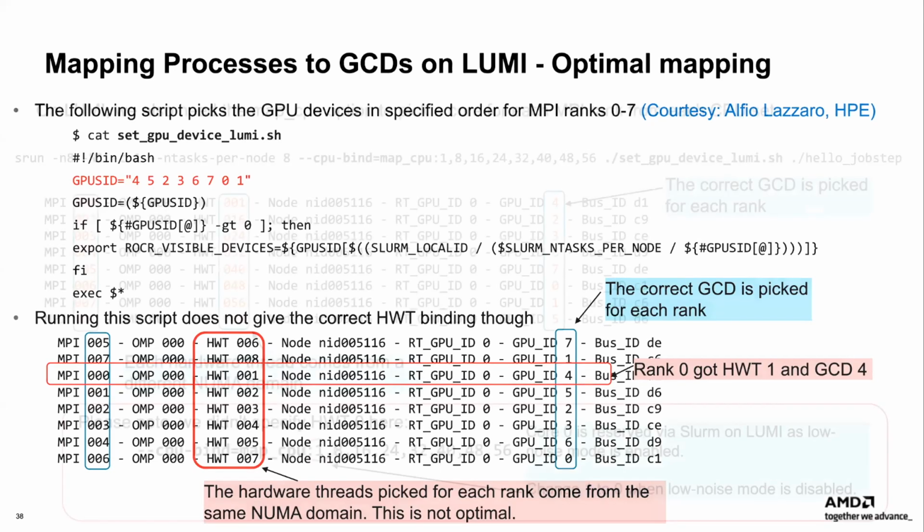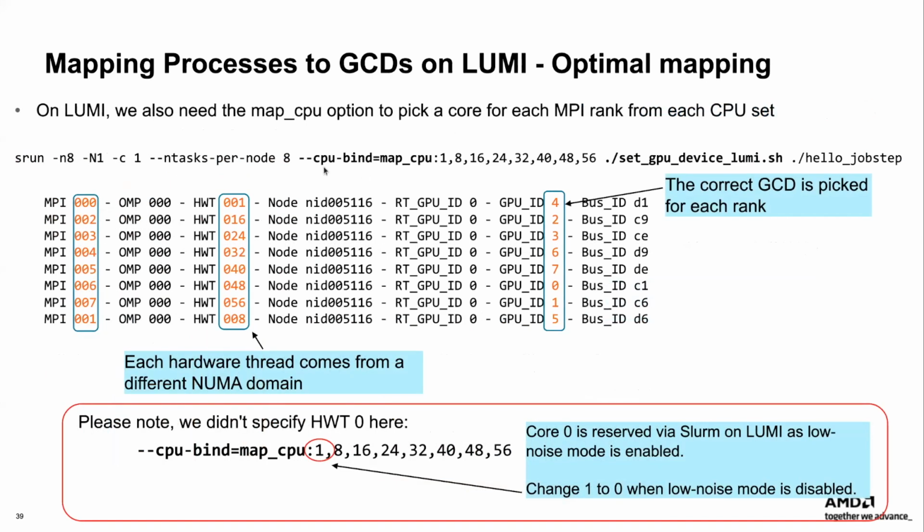So what we need in addition is an srun option that says, I want to use only these particular hardware threads for my processes. And I will use my special script to pick the GPU devices in order. Everything else remains the same. I think we had to add this ntasks-per-node option as well.